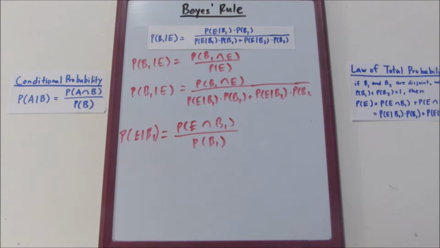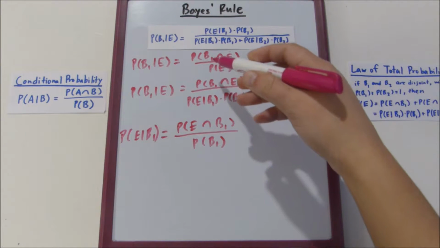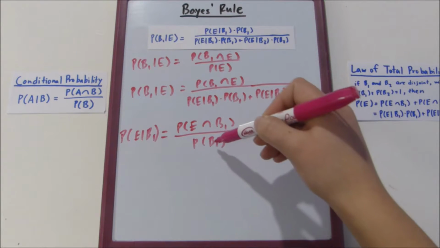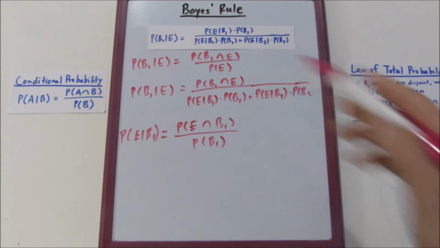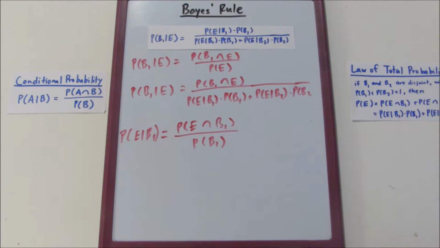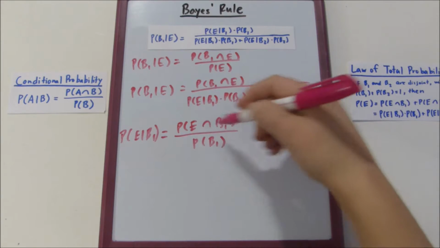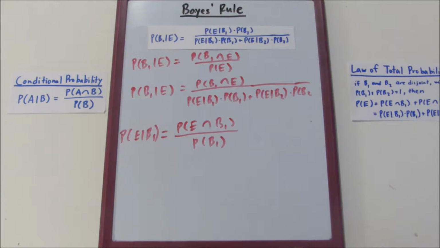If we hadn't rearranged this, we might have set this equal to this probability over the probability of E, which equals the probability of B1 given E, and we don't know that. So that's why I recommend rearranging these two to make things clearer for you, but also don't set it equal to this, because like I said, you don't know that.